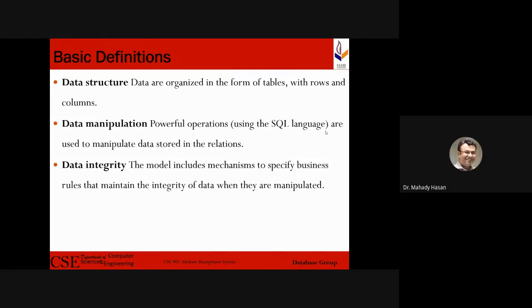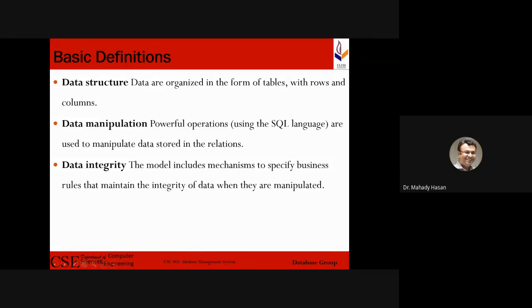A row should contain information of a particular student. That particular student would be what? The instance. Very good. So a row is nothing but an instance. And columns, what are the columns? The attribute. Very good. Columns are attributes.